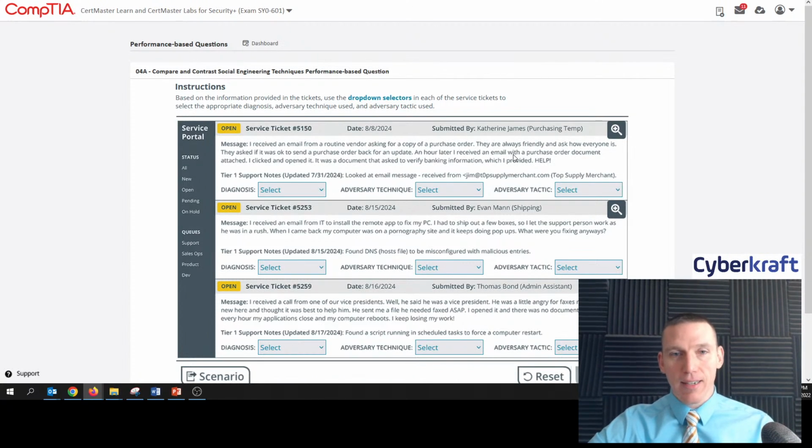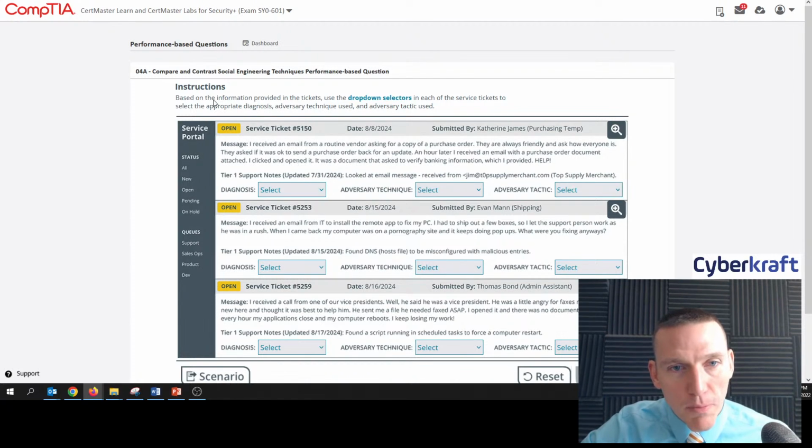We're looking at tickets, and let's go ahead and start reading number 1. So based on the information provided in the tickets, use the drop-down selectors in each of the service tickets to select the appropriate diagnosis, adversary technique used, and adversary tactic used. So we have diagnosis, adversary technique, and tactic. Okay, let's read this first message.